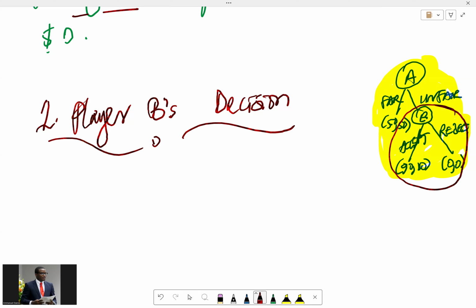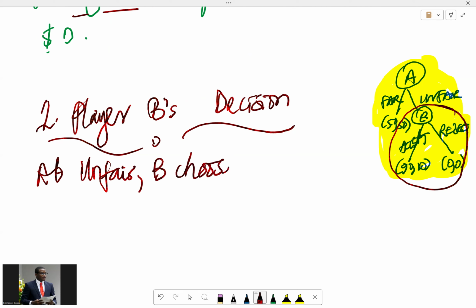So what does that tell you? For a rational person, a rational person will want to go home with $10 rather than go home with nothing, even though the person has been treated unfairly. So in this case, at unfair, B chooses accept.